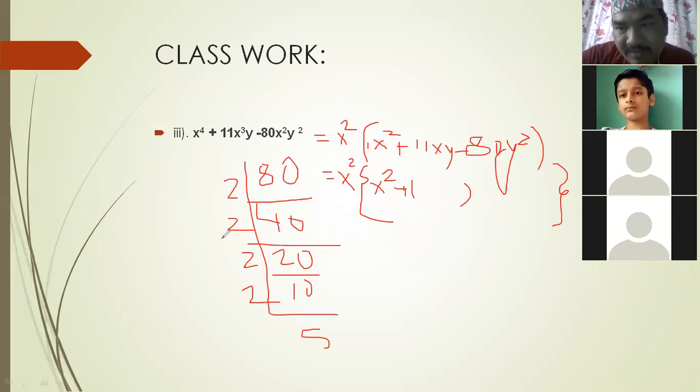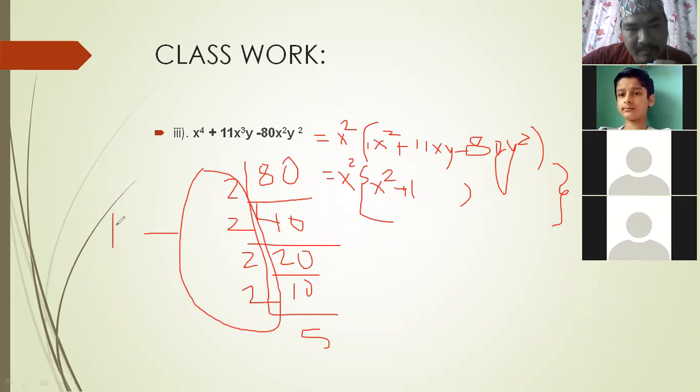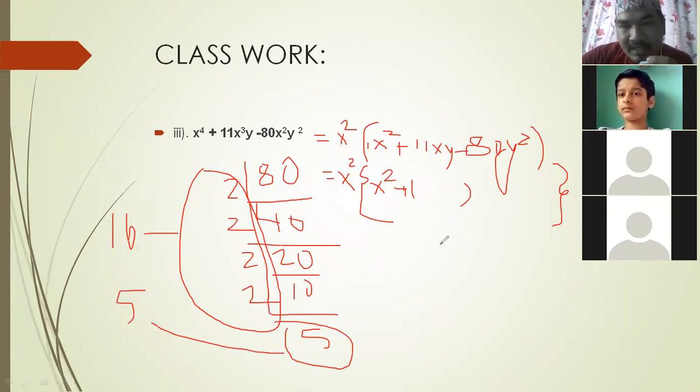Who told? Riva? Yes, you are absolutely right. Look here, this 2 into 2 into 2 into 2, what is this? 16, right? And another factor, what is left there? 5. So yes, we have to write here now 16 minus 5. You are clear.